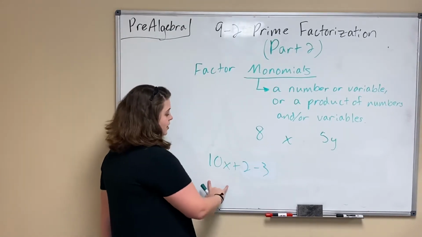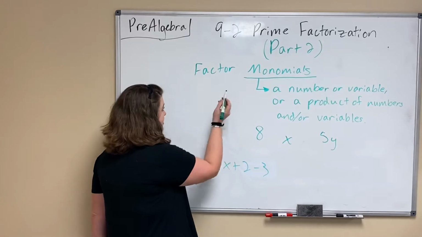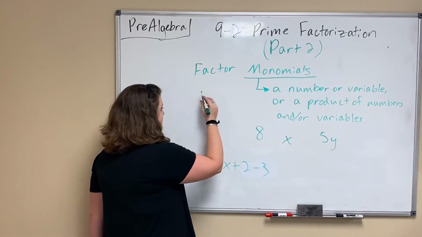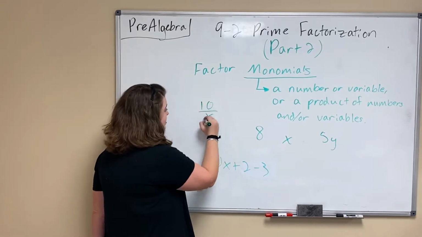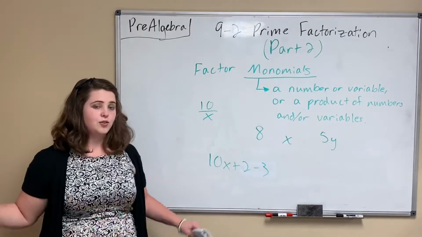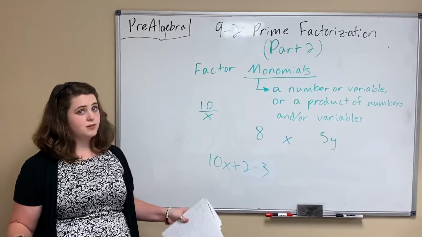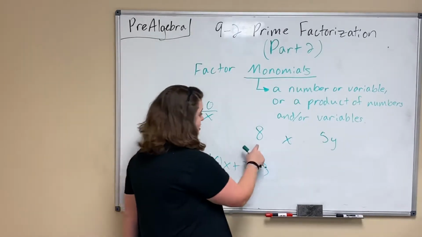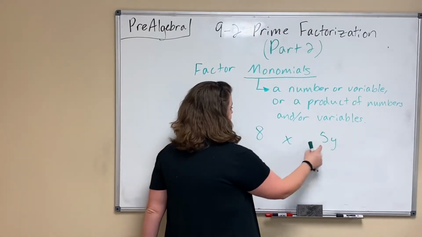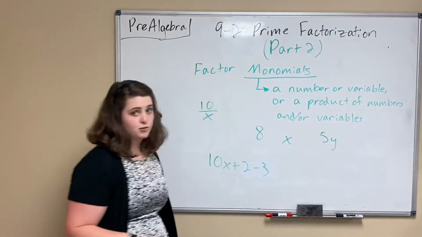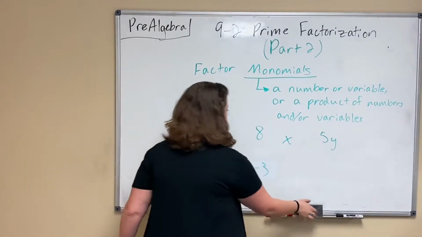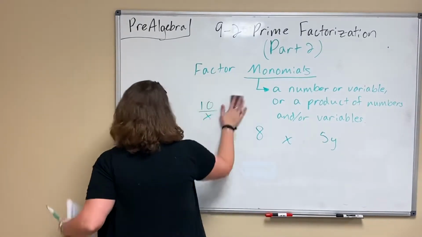A monomial is also not 10 divided by x. You can't have a variable in the denominator. You can't be dividing by a variable. It's only numbers, variables, or products of numbers and variables, multiplying numbers and variables.